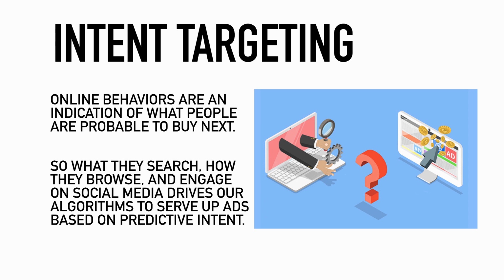Now, I don't know if you can actually buy organic cookies, but the point is that is predictive intent. That is intent-based targeting. And you never typed in the words buy cookies. You only looked at cookie recipes. But that predictive intent is what we leverage to help our clients sell more of their products and services.